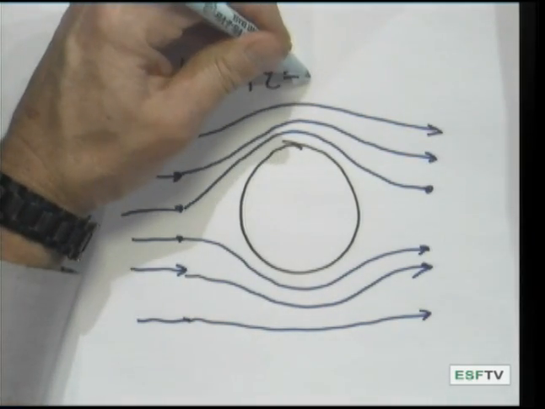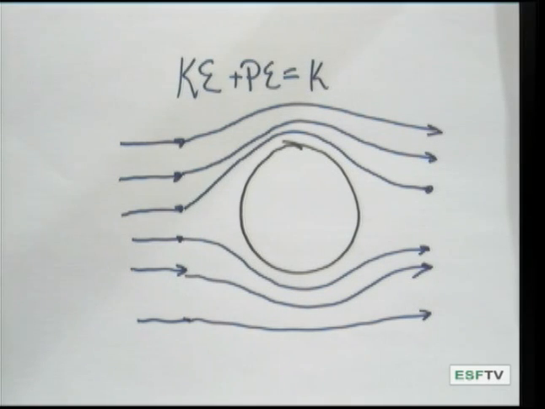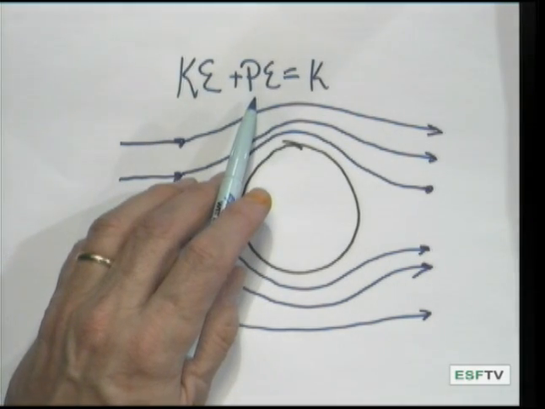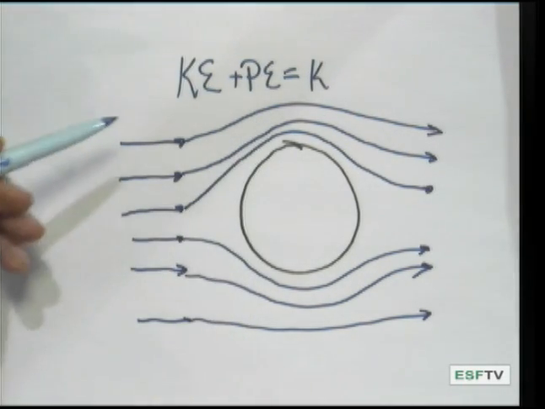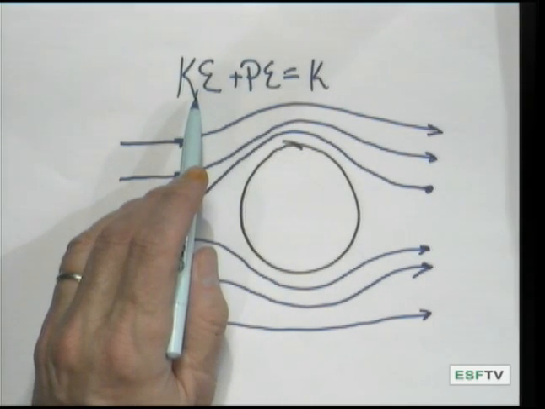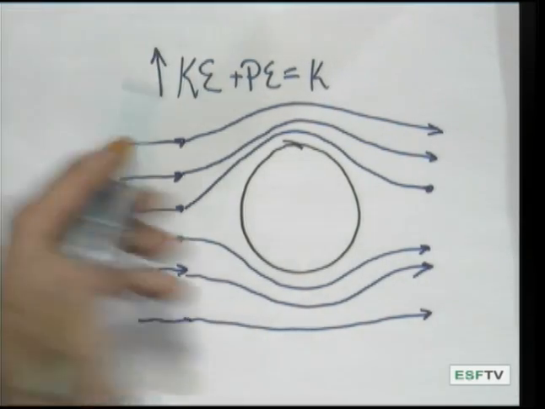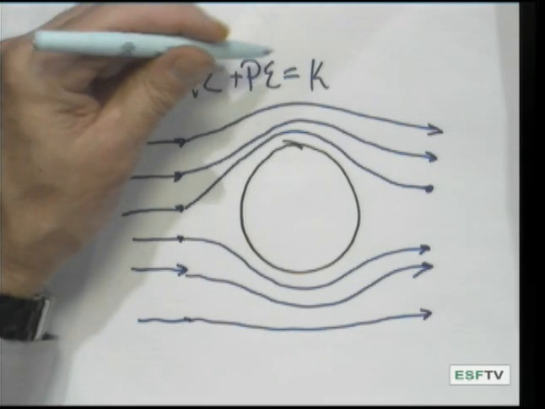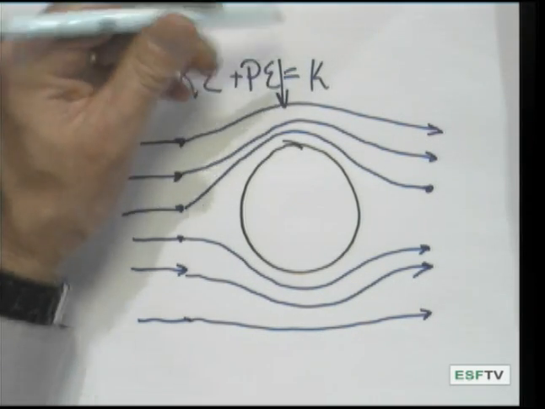And according to the rule of conservation of energy, that sum is always going to have to be a constant. Now, kinetic energy is proportional to the velocity squared. Potential energy is related to the pressure. And when the fluid accelerates around the object, the velocity increases and the kinetic energy must go up, therefore. But the total has to be a constant, and as it accelerates around, that has to be balanced by a reduction of potential energy there.